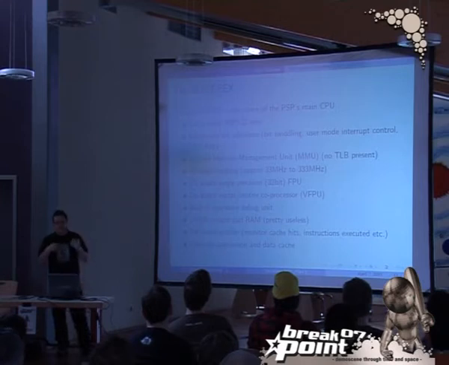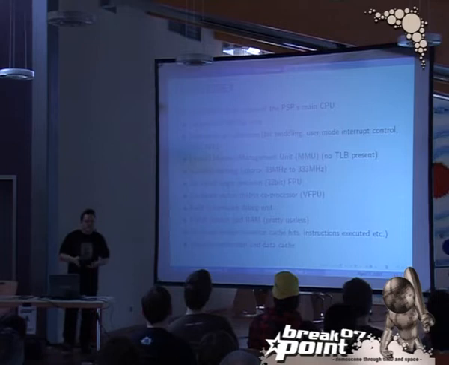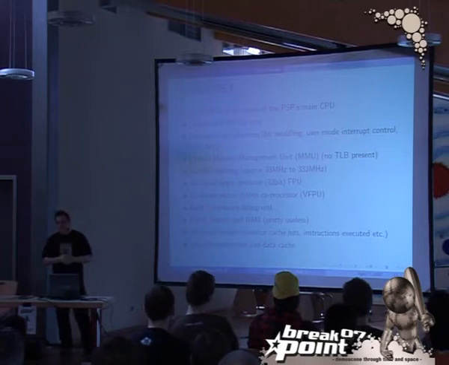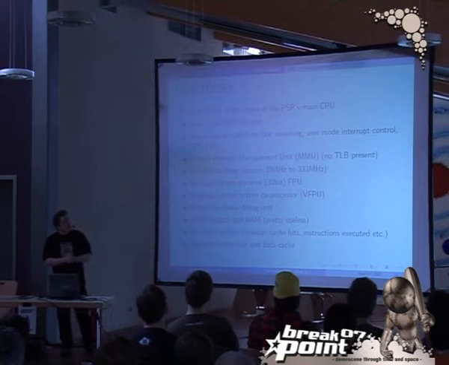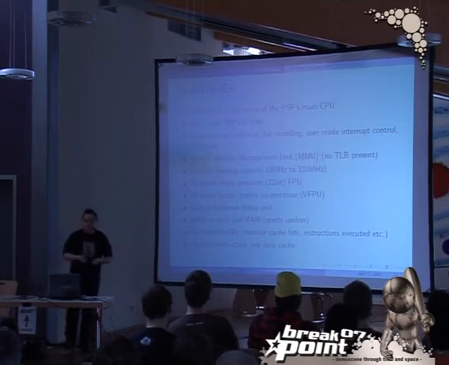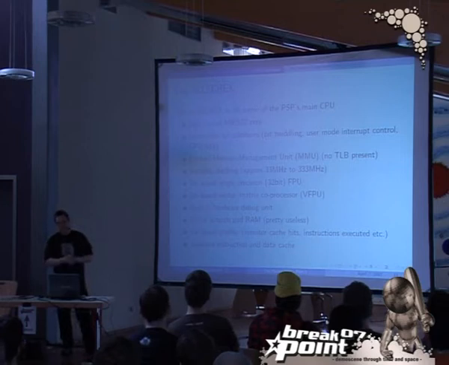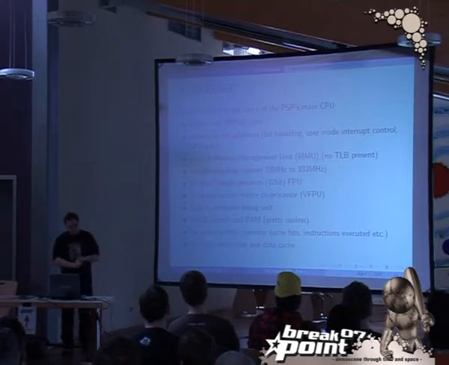All it has is a simple sort of segment restriction system, so you have no translation look-aside buffer. You can just about put Linux on it, but for the most part it's not really worth it. Only a single precision floating point unit, but it does have a vector processor which allows you to manipulate four floating point values in one go, and also allows you to multiply matrices together, which is quite useful for 3D work.